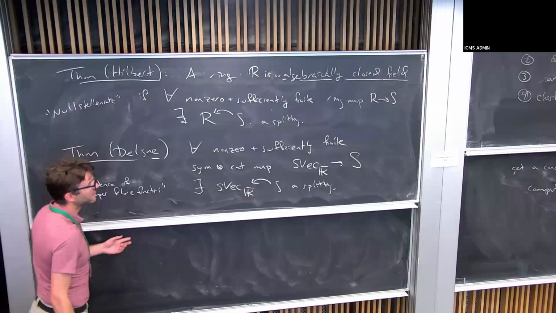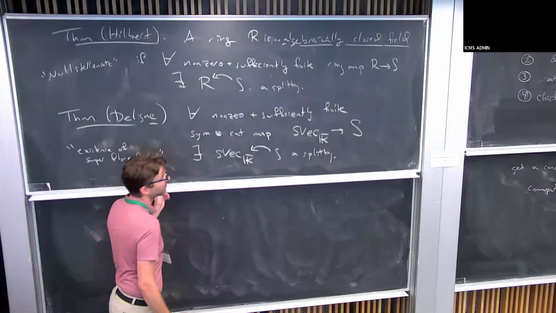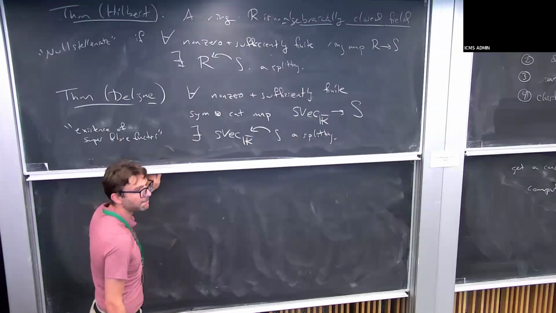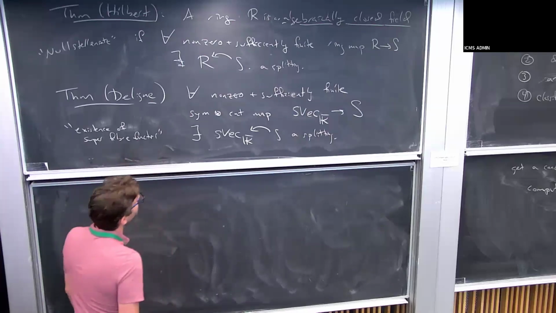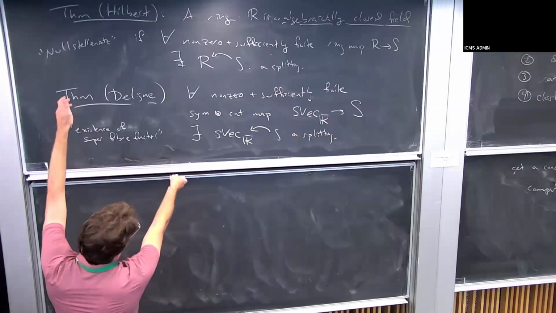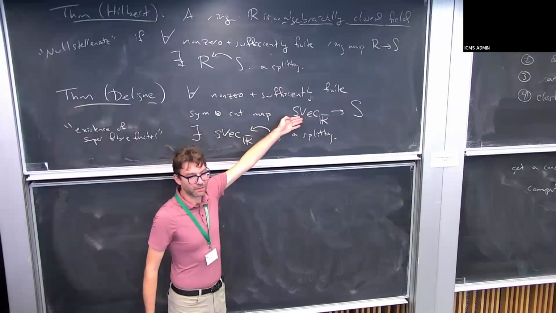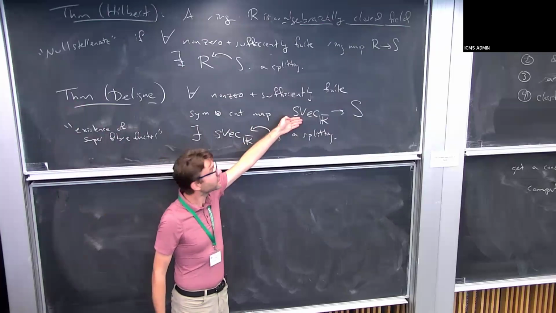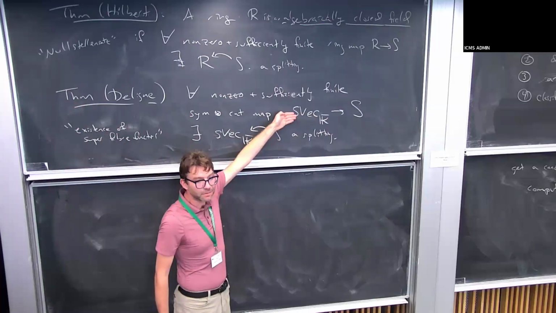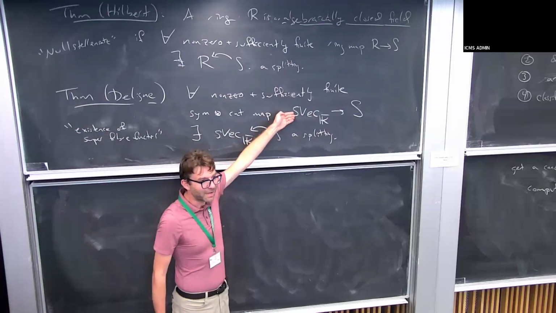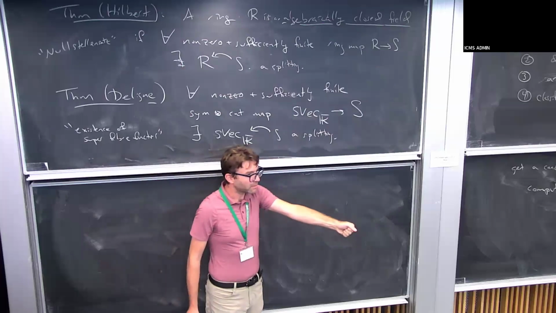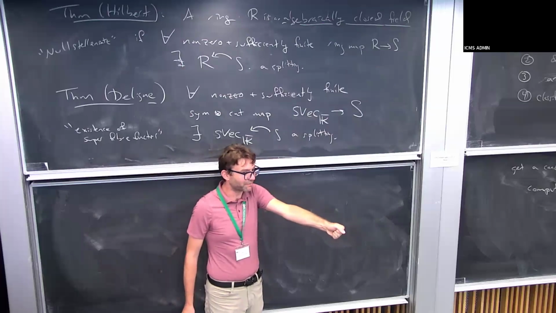And again, the art's in figuring out what sufficiently finite means, and I'm not going to do that in real time. If you just look at these two theorems, you should immediately say that SFEC is algebraically closed. The point is that this theorem was not true for vector spaces. The map from Vec to SuperVec is definitely a very finite map.